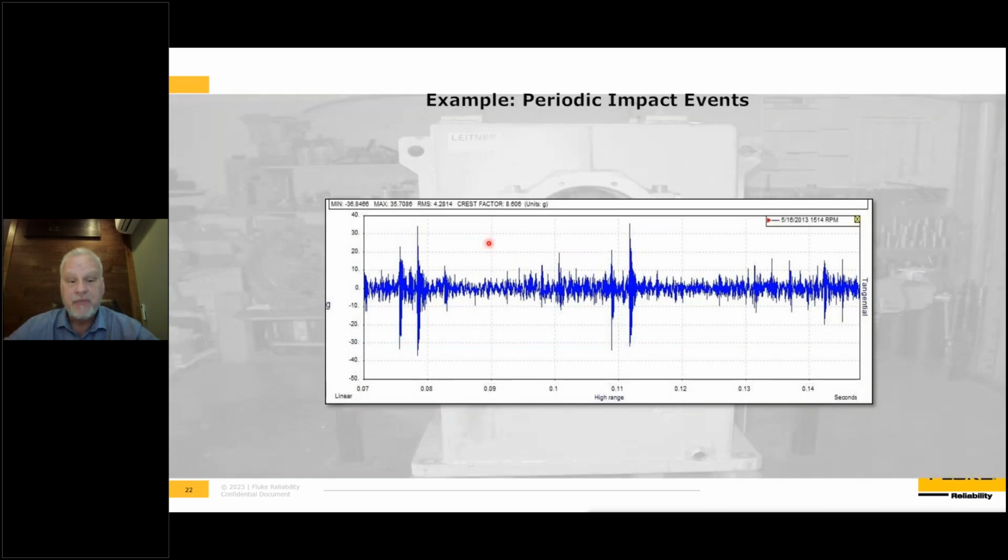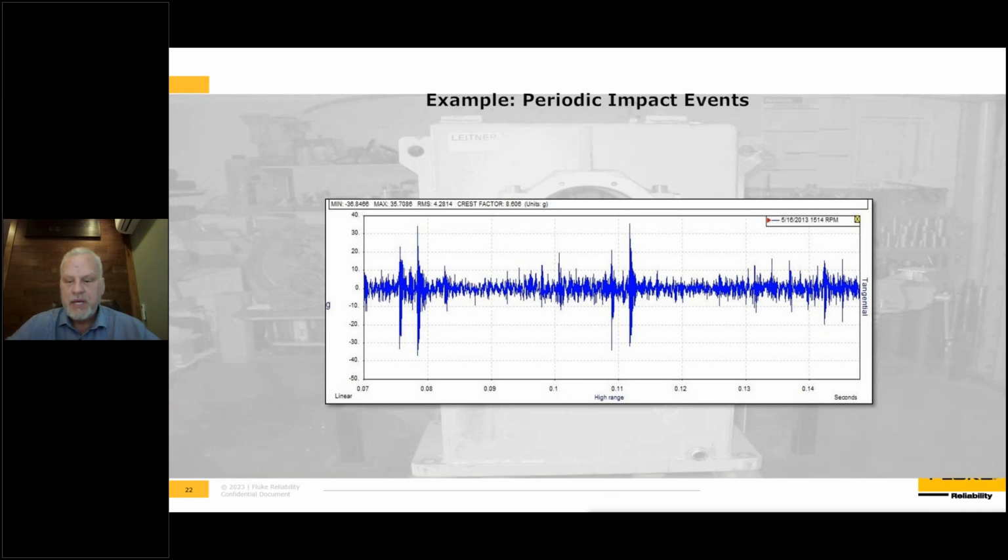This is a different look. Actually, this is that same data I showed you with the impact, but now we're zoomed out a little bit. We're looking at 50 milliseconds.